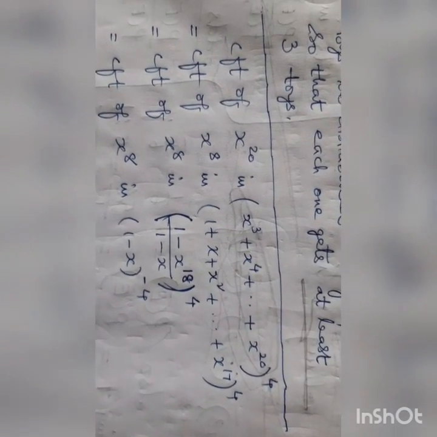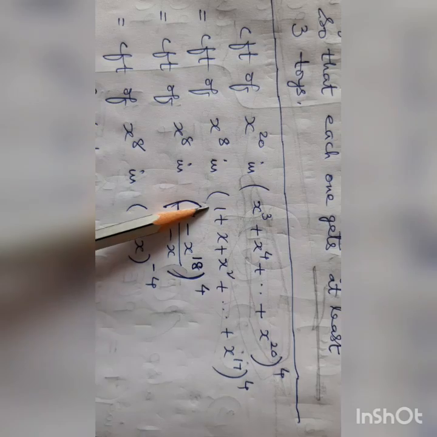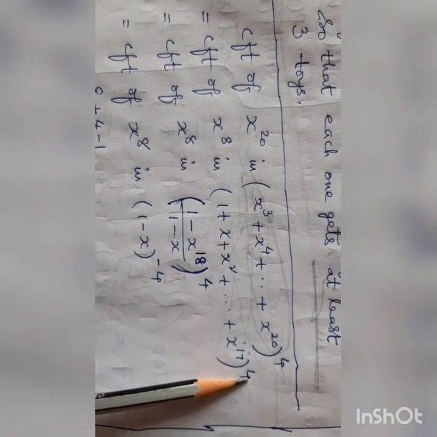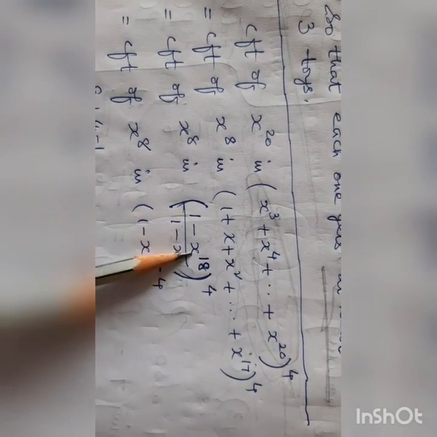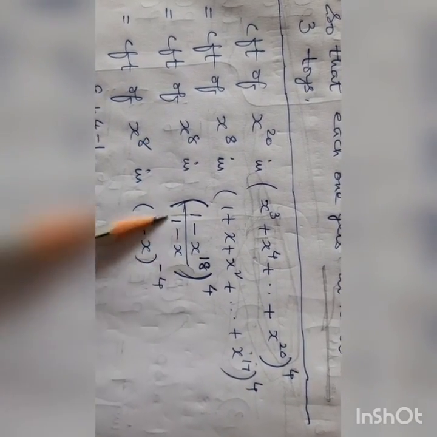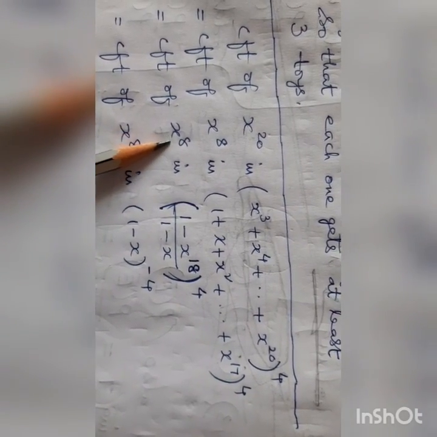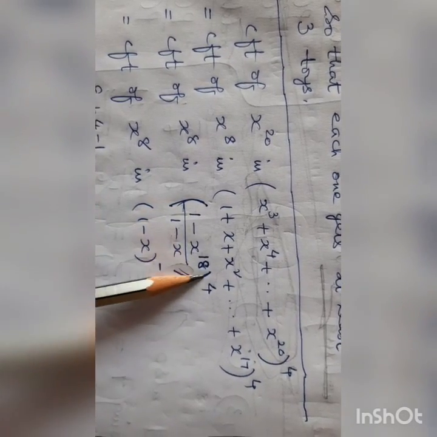X power 8 coefficient you have to find in 1 plus X plus X square plus so on plus X power 17, whole power 4. That is, according to this, 1 minus X power 18 by 1 minus X, whole power 4. So how do we find the X power 8 coefficient? Can we find it in X power 18?